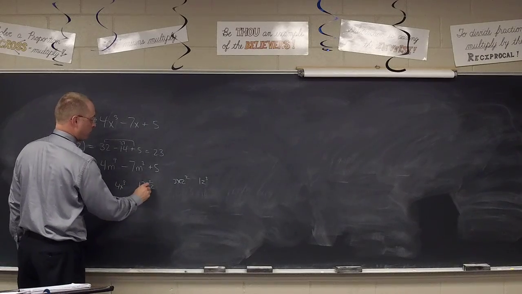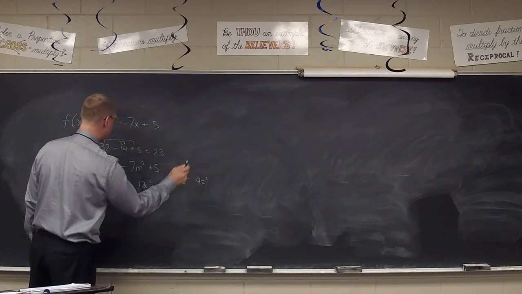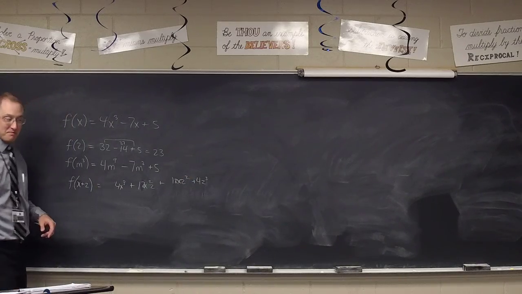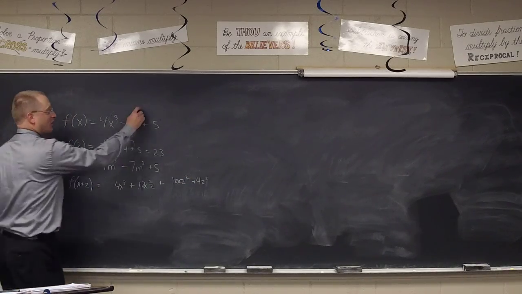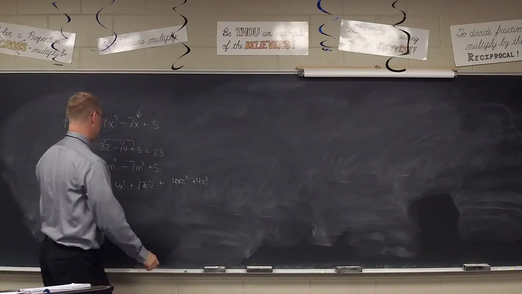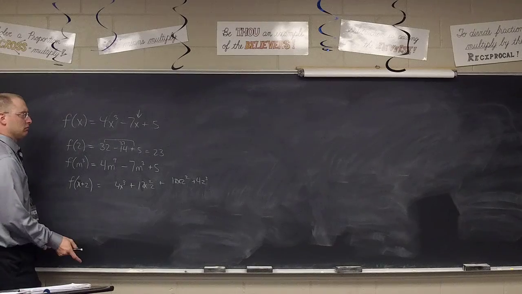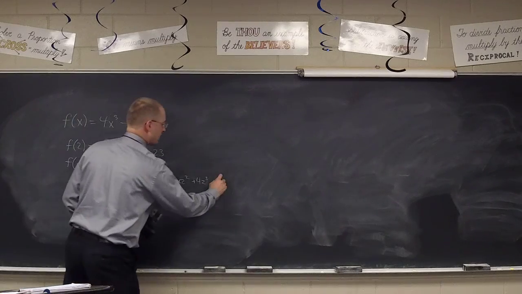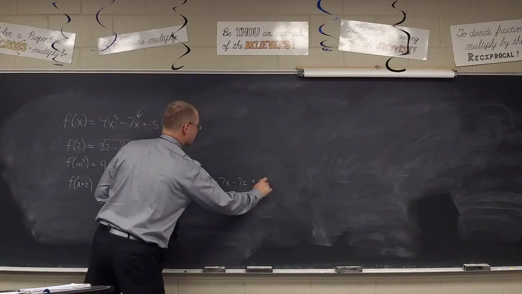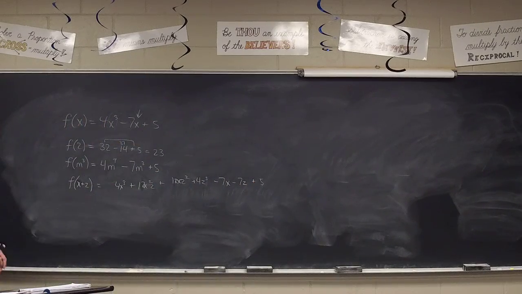So this would become 4, 12, 12, 4, all signs positive, right? And then we'd have negative 7x, negative 7z, and then of course this plus 5 at the end, and no like terms, so we just leave that big ugly answer, right?